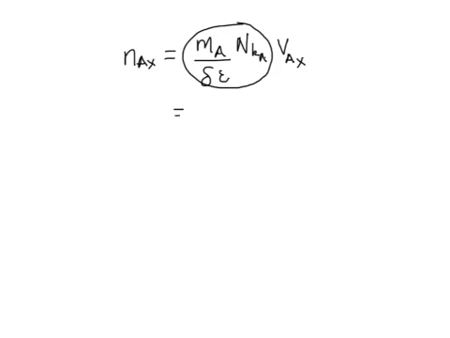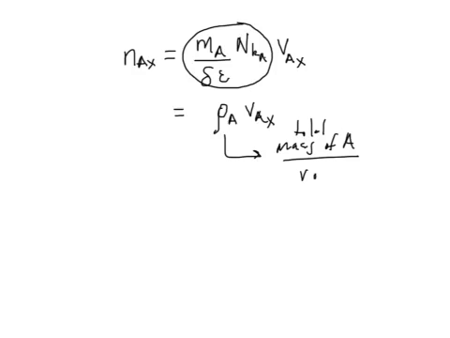So that indeed is the mass concentration of A in the system, which we denote as rho A. So this is the total mass of A per unit volume. So again, we have a mass flux related now to the species average velocity and the mass concentration of A.